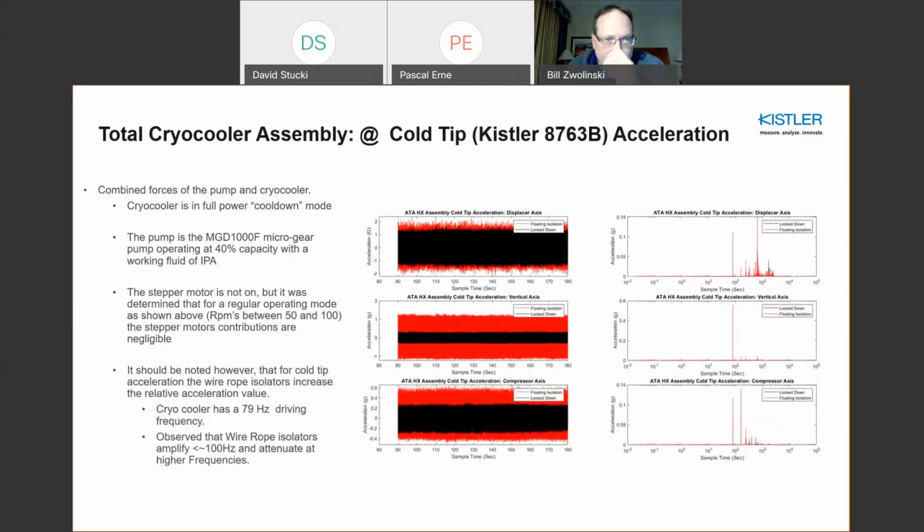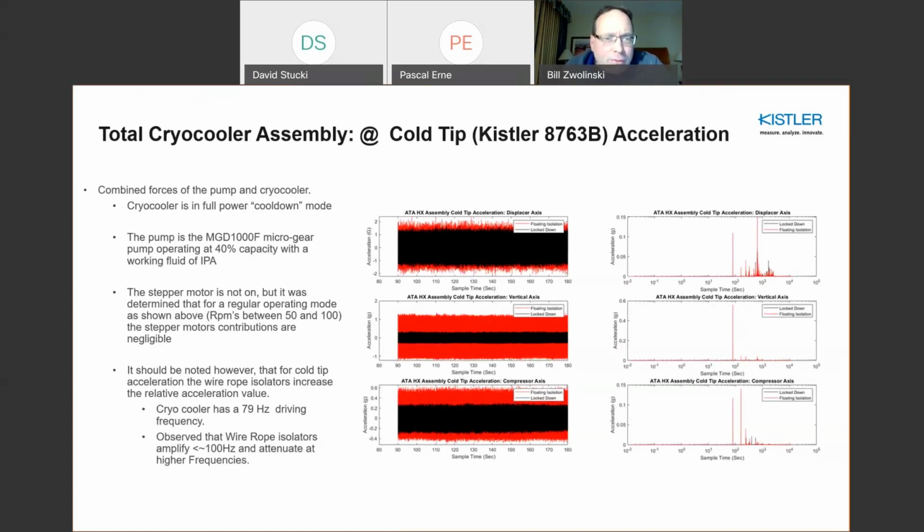In this case, at the cryocooler assembly at the cold tip, we found that the wire rope isolators were not as effective. The analysis showed the wire rope isolators actually had some amplification below, say, 100 hertz, and above 100 hertz is where you achieve the attenuation.